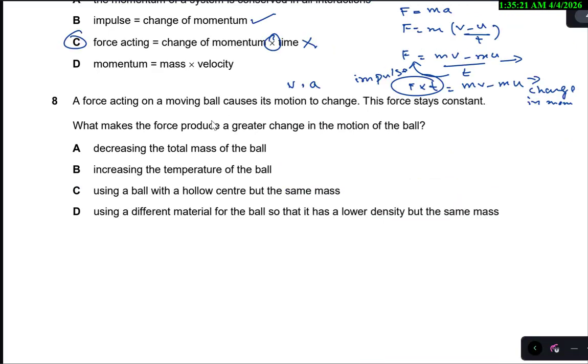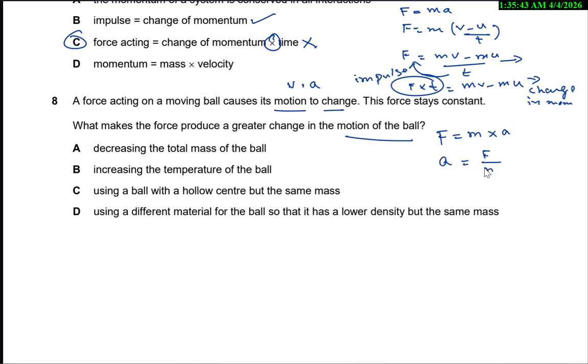Question number 8. The force acting on a moving ball causes its motion to change. This force stays constant. What makes the force produce a greater change in motion of the ball? So if we look at Newton's second law of motion, F equal mass times acceleration, and acceleration equal force over mass.